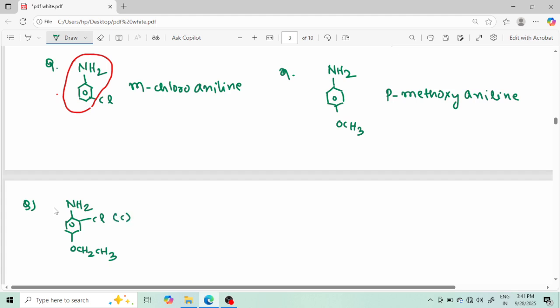So this one alphabetically comes first, chloro, and this is ethoxy, E, right? So I will write ortho chloro, and then para ethoxy aniline, right? I hope it's clear. So this is type 1, where we'll be specifically using aniline.